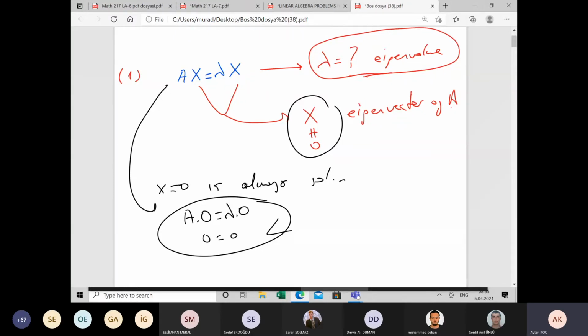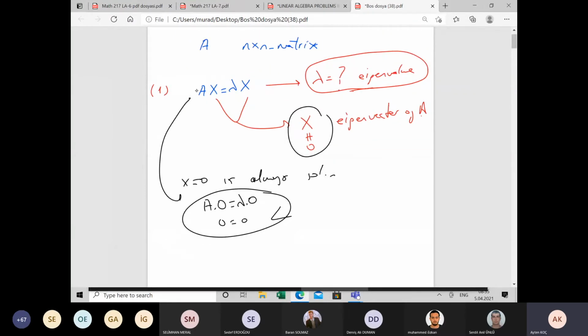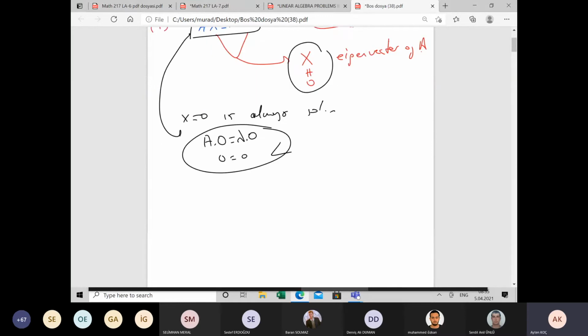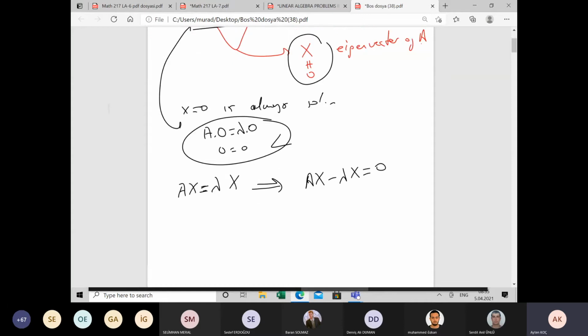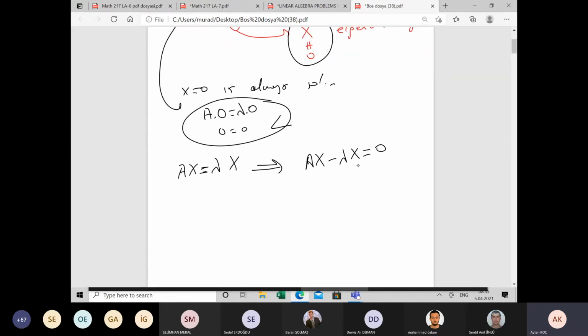Rewrite this equation, starting with Ax equals lambda x. Our aim is to find x and lambda. So rewrite this one: Ax minus lambda x is 0. A is a matrix, x is a vector, lambda is a scalar.